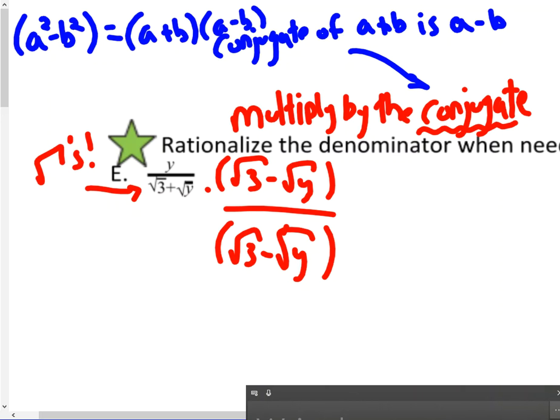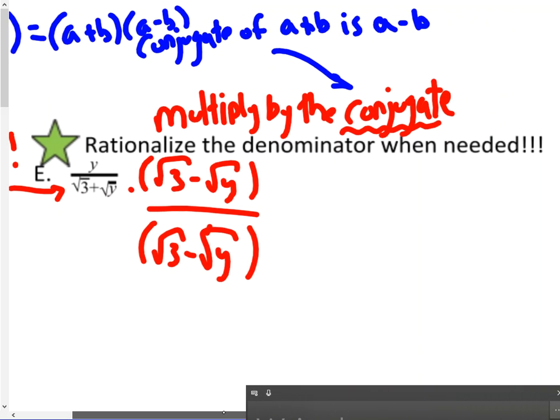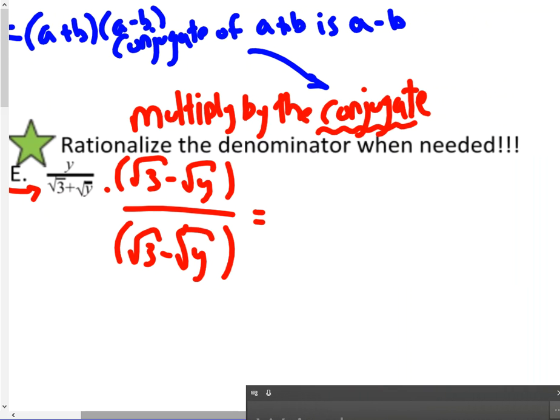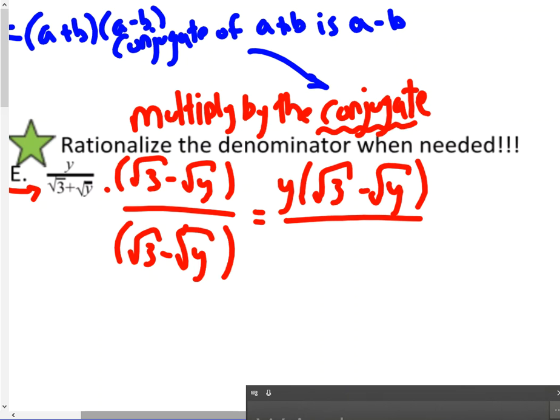We're multiplying fractions, so let's just multiply that numerator together and that denominator together. So we will get, I'm just going to keep that numerator in factored form. In the denominator, we have the square root of 3 plus the square root of y times the square root of 3 minus the square root of y.